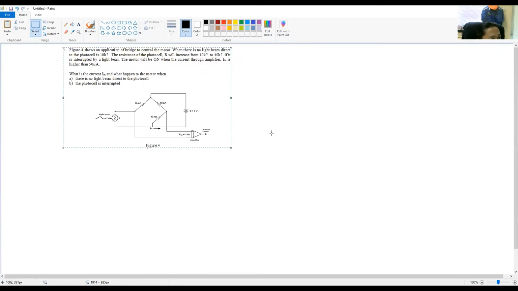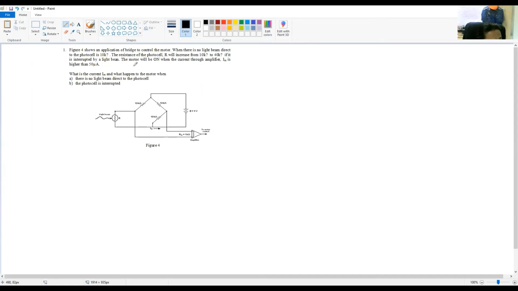Question number 5 is also an application of the bridge. Figure 4 shows an application of the bridge to control the motor. So we have the motor here. When there is no light beam directed to the photocell, this one is 10K.